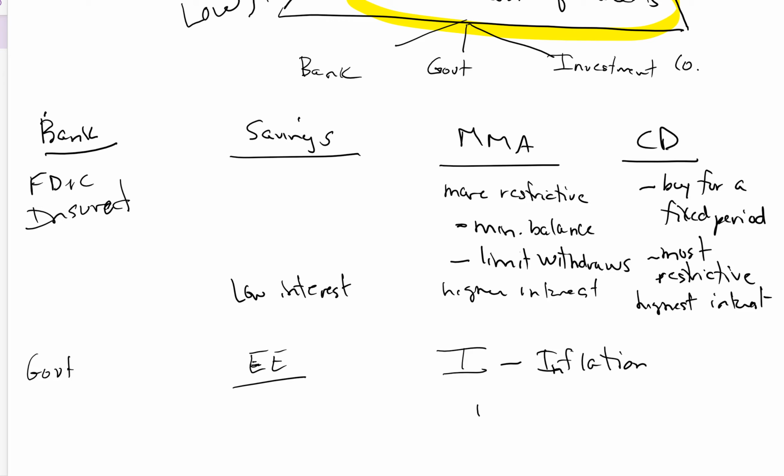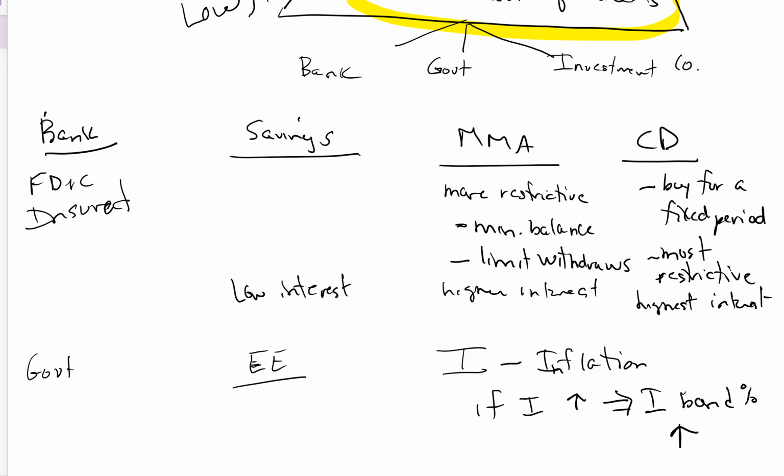So, for example, if inflation is increasing, then the I bond interest will also increase. So it's kind of like a hedge. It's protection against inflation. So if inflation goes up, your I bond interest rate is going to go up.